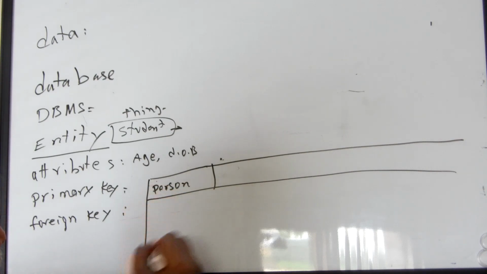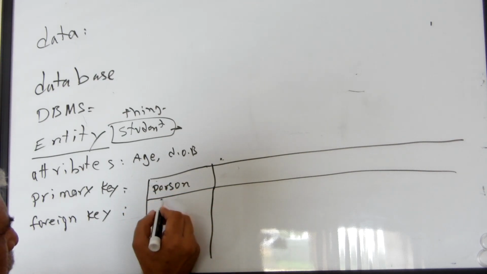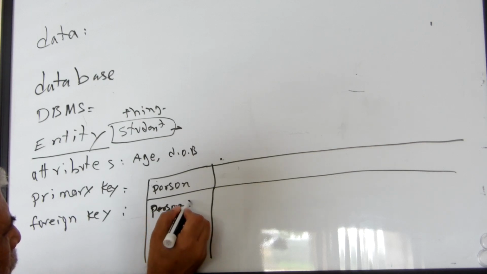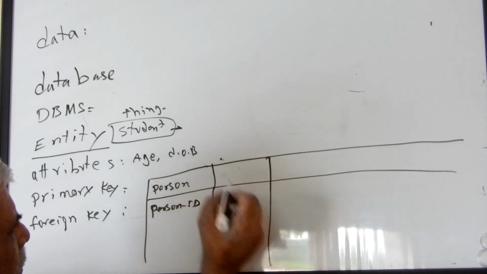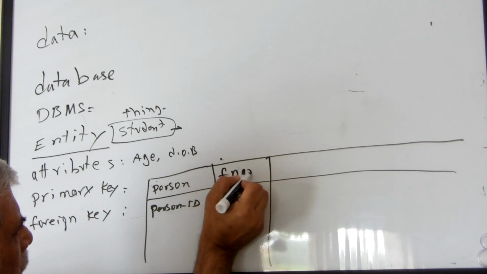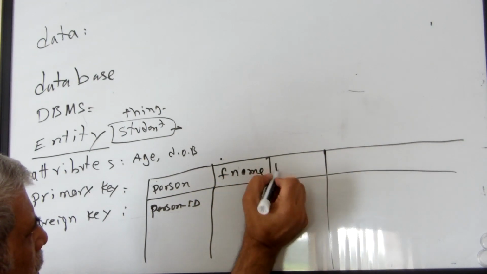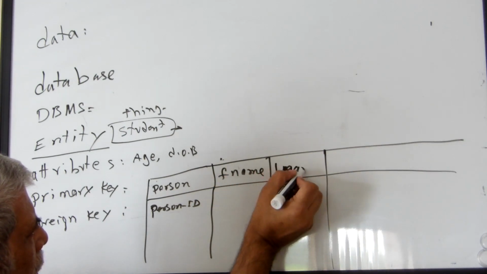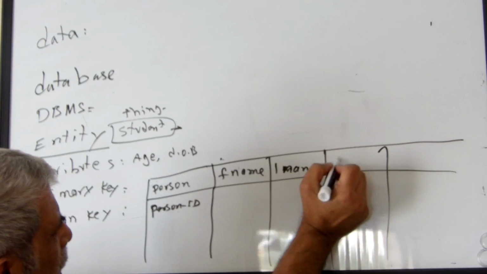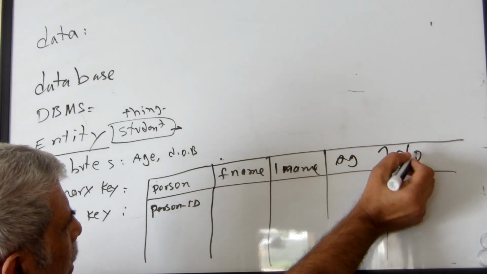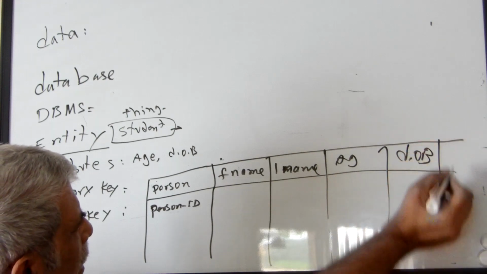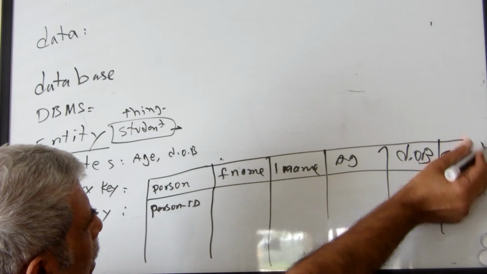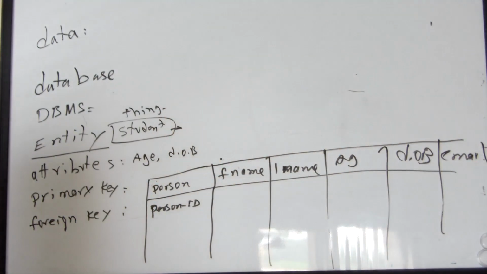You can get all the information: person ID, first name, last name, age, date of birth, email, or address, or whatever it is.